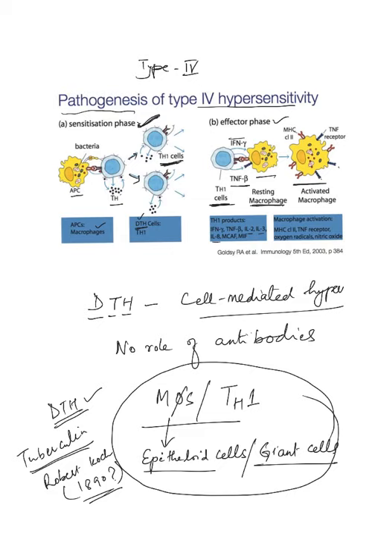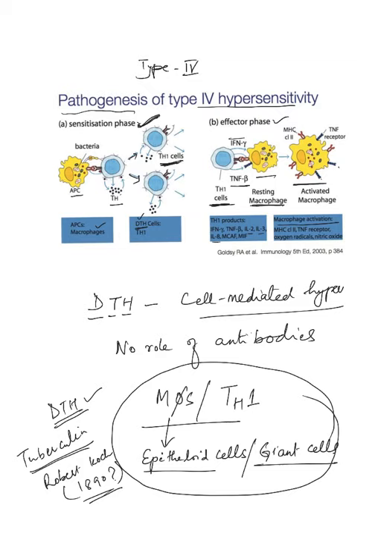For example, if the cell has got more TNF receptor, it becomes more sensitive to TNF. If it has got more MHC2 molecules, it will be able to present the antigen effectively to the T helper cells. So macrophage activation happens, and these macrophages then migrate to the site of the antigen.